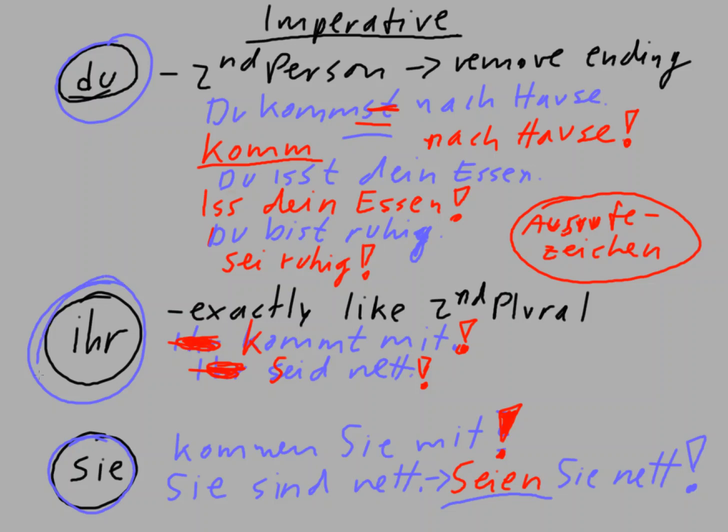For ihr, we take exactly the second person plural and start the sentence with the verb. Du machst sauber, you're cleaning up, becomes mach sauber with Ausrufezeichen.